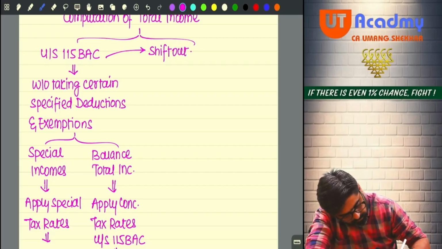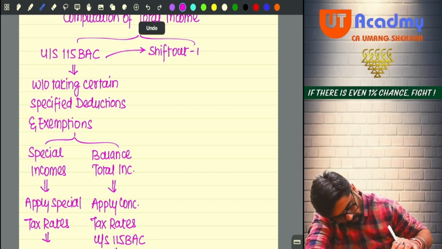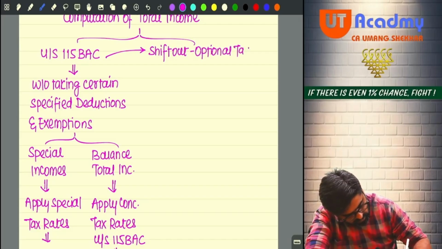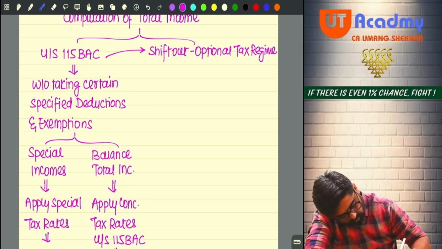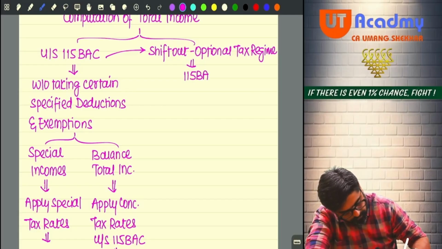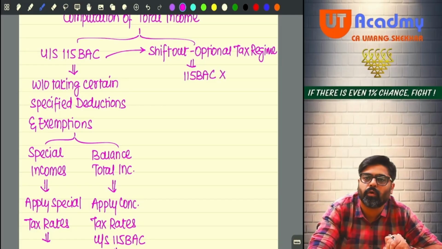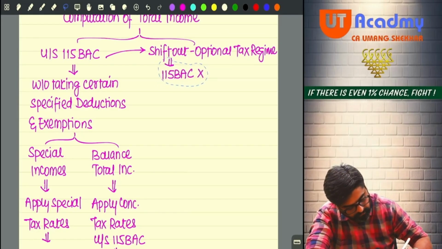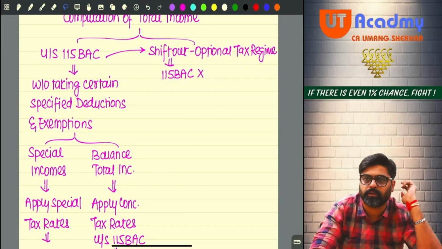So you go to the optional tax regime. This is when you don't follow 115 BAC. Shift out means you are not following 115 BAC, so you are going to the optional tax regime.